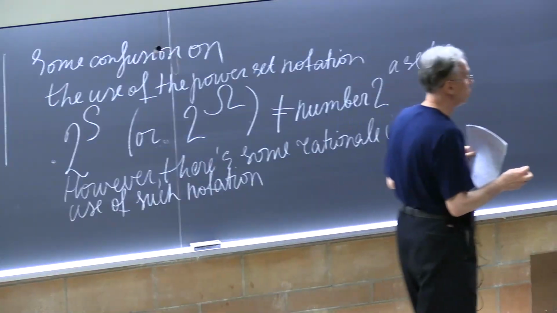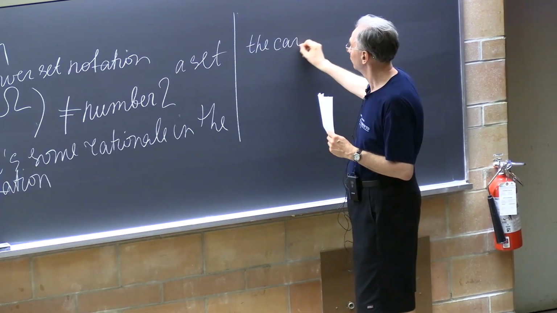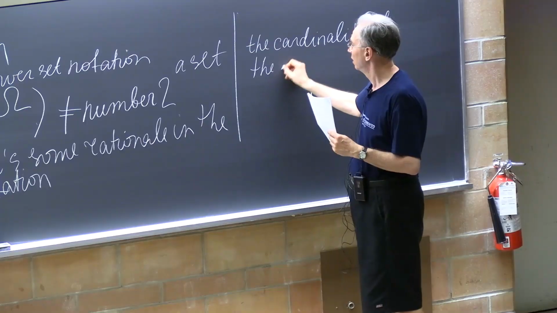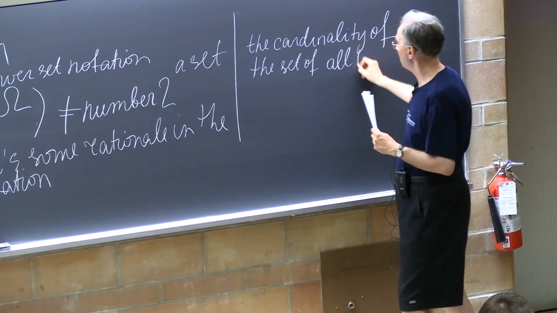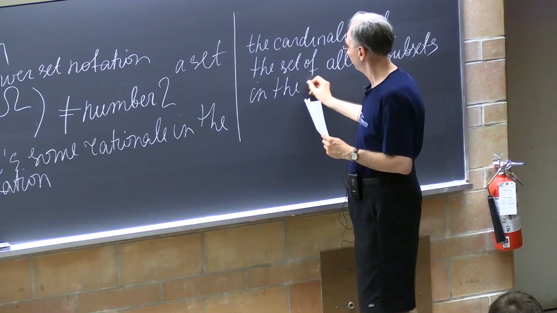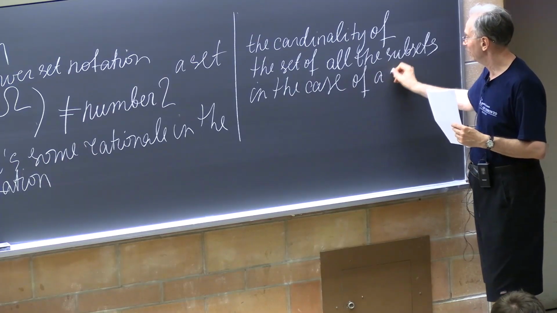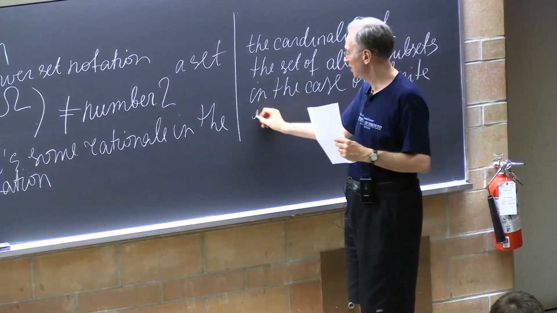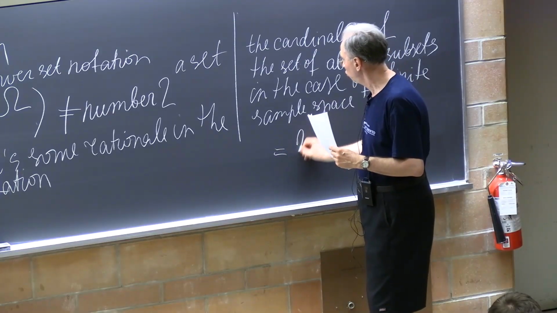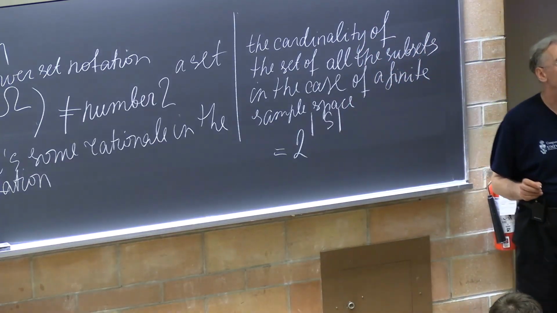In particular, what we often get is that the cardinality of the set of all the subsets in the case of a finite sample space equals 2 raised to the power equal to the cardinality of the sample space.